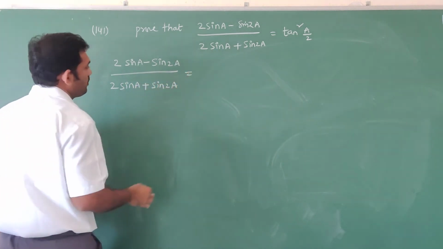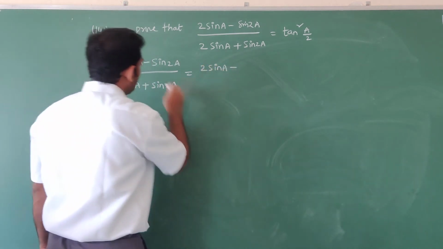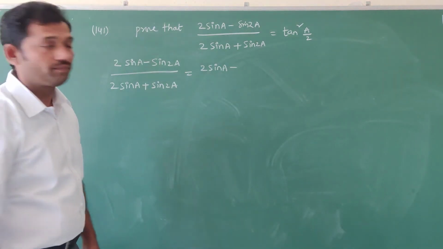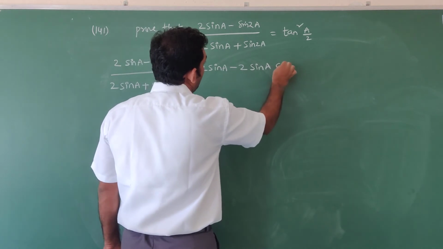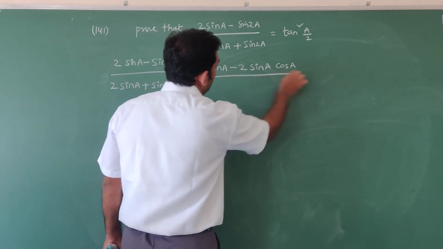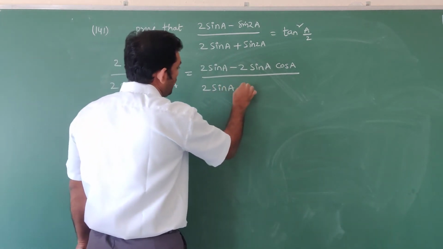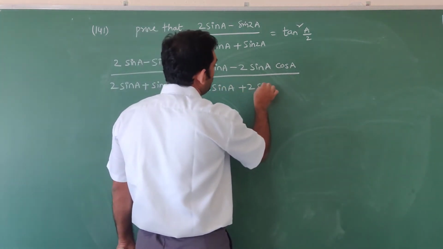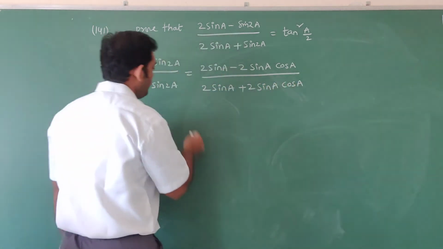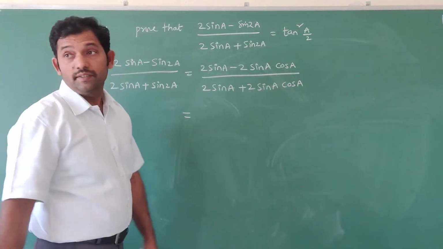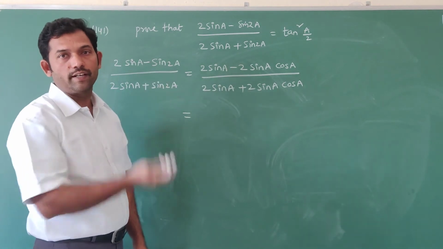So it is equal to 2 sin A minus 2 sin A cos A, divided by 2 sin A plus 2 sin A cos A. See here, 2 sin A is common in the numerator and denominator.